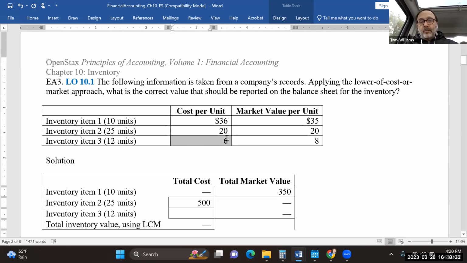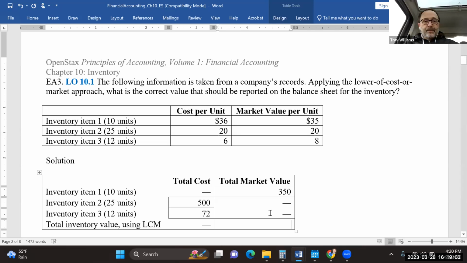That's what the company actually paid. $6 per unit times 12 units equals 72. And then we'll just total them all up, and we get $922 is the total. So that's how you use the lower of cost or market approach. Again, this is the only exercise like this. Okay. Moving on to number 4.